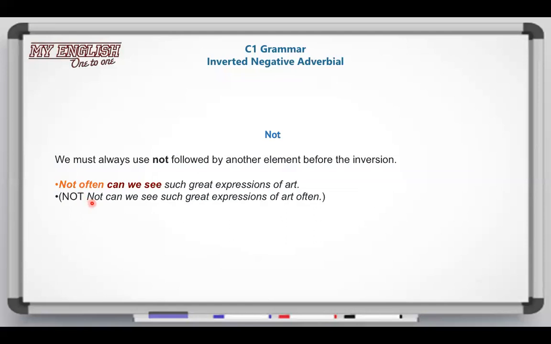It's incorrect to say, not can we see such a great expression of art often. And here the adverb is often. So if you put often at the beginning, and it's negative, you have to say it like this, not often can we see. Remember, don't forget the adverbial.